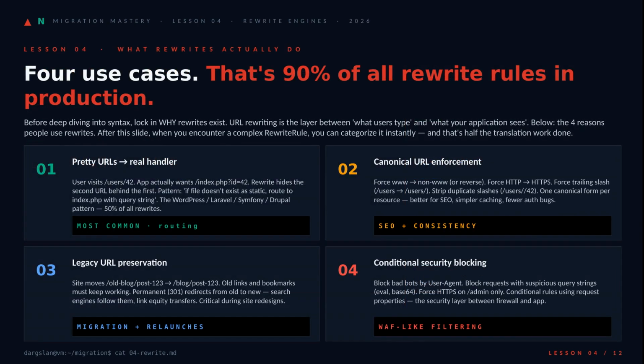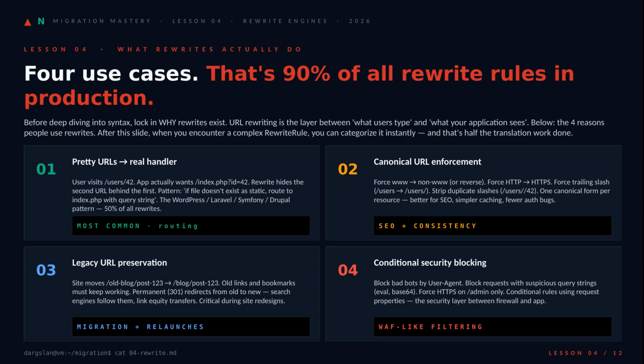Before we touch syntax, let's anchor the why. Roughly 90% of every rewrite rule you'll ever read falls into 4 buckets. 1. Pretty URLs hiding a real handler, the WordPress and Laravel pattern that alone accounts for half of all rules in the wild. 2.